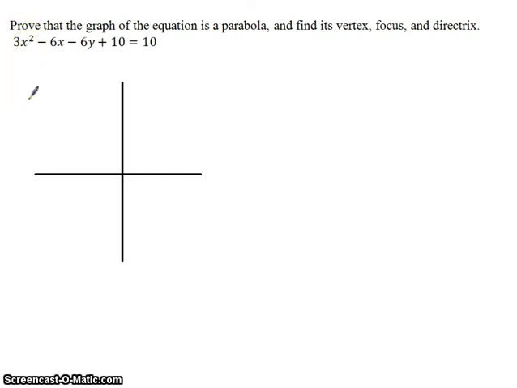What I want to do is isolate the x's to one side and then pull everything else to the other side so that we can complete the square. Let's go ahead and write that out. Okay, so I've isolated the x terms to one side and pulled everything else to the right, and I need to complete the square.